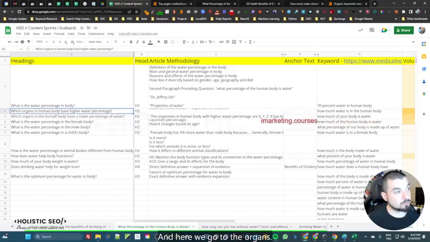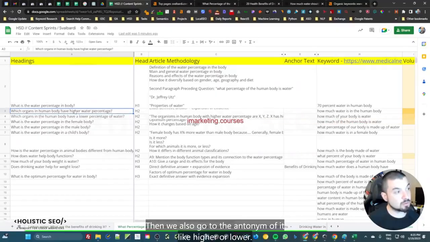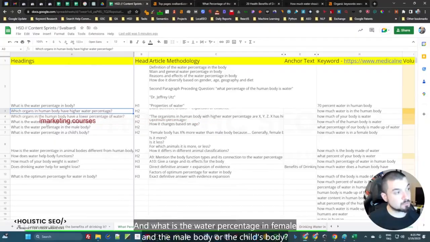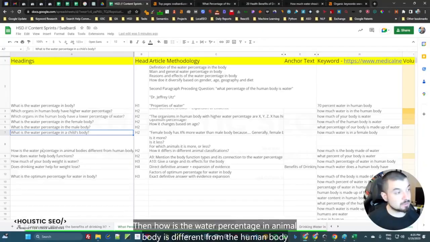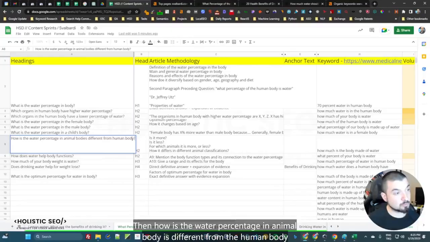Here we go to the organs. Then we also go to the antonym, like higher or lower. And what is the water percentage in the female and the male body or the child's body? And according to what age? And what conditions? Then how is the water percentage in animal bodies different from the human body?